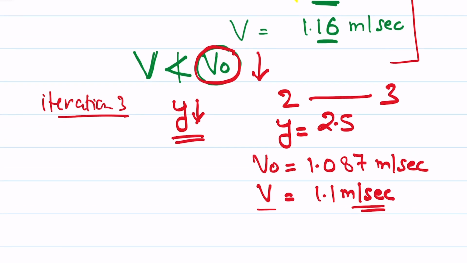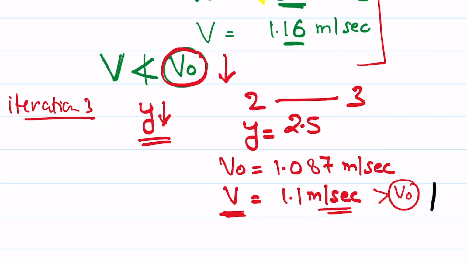Here our actual velocity is greater than the critical velocity. So again, we need to increase the trial depth.